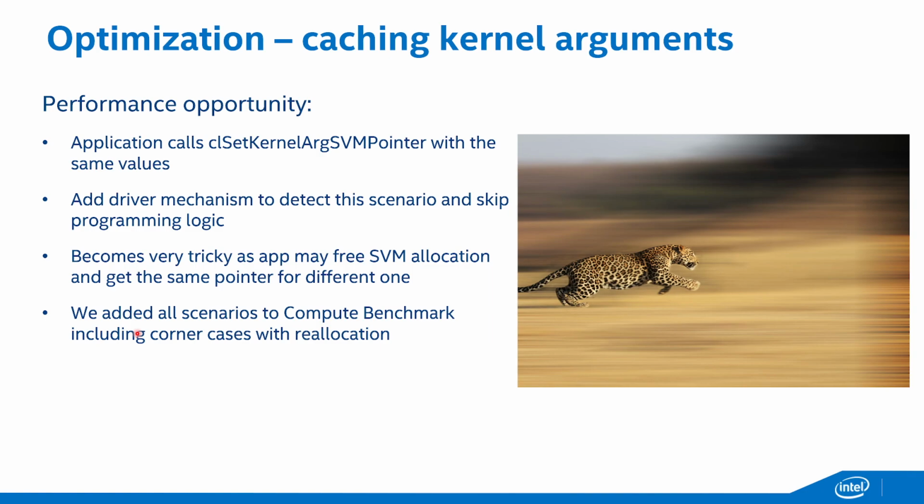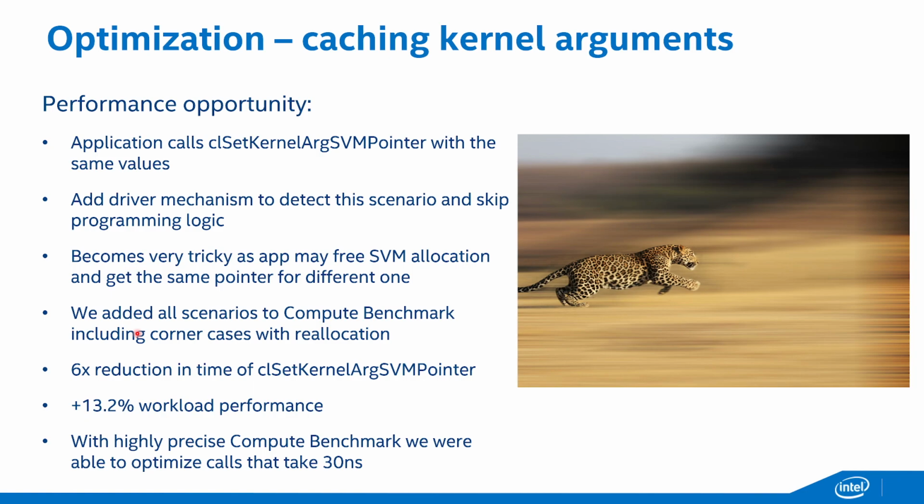It's very important because otherwise, without compute benchmarks, we wouldn't have this second scenario where the allocation is freed and we get the same pointer from the subsequent alloc call. So we wouldn't be able to be sure that the optimization works in all cases. And with compute benchmarks and an implementation like that, we were sure about this. So that was a very important fact.